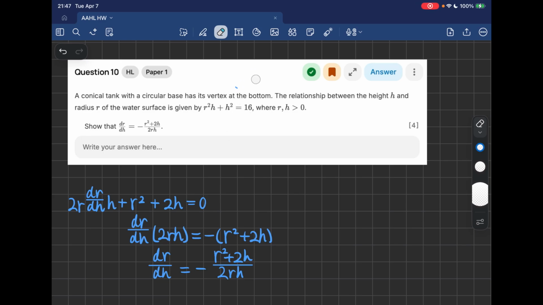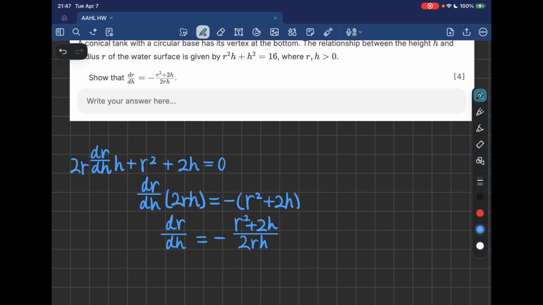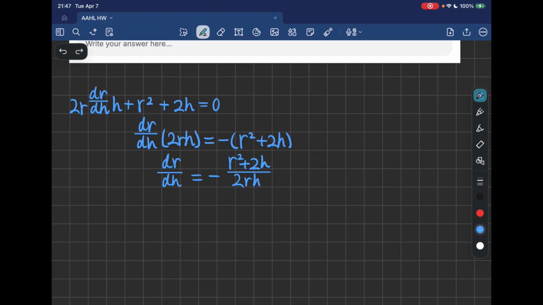This time you don't need to move 16 to the left side, because the derivative of this will just be 0. So just apply the product rule here, and also dr over dh should be multiplied in here, and just ensure you have what you need and isolate dr over dh, and that's what you will have.